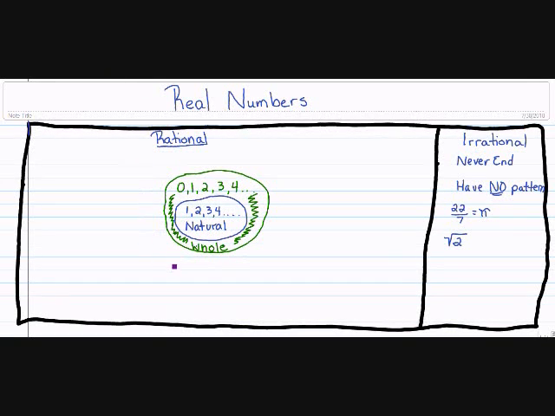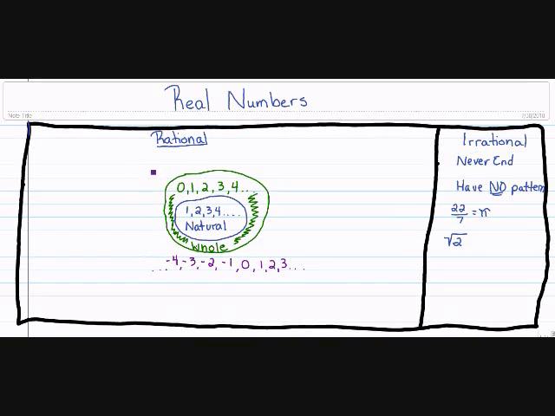And then we have -4, -3, -2, -1, including 0, 1, 2, 3, and it goes in both directions.